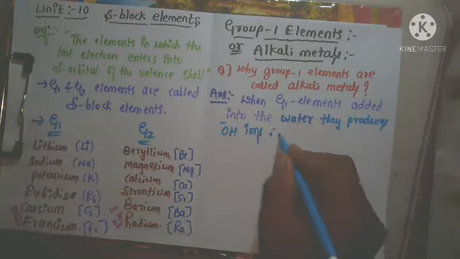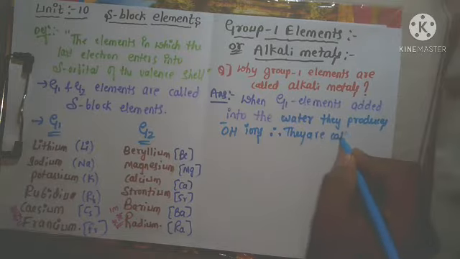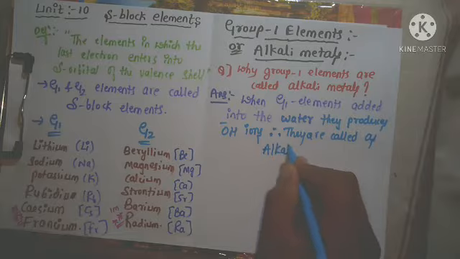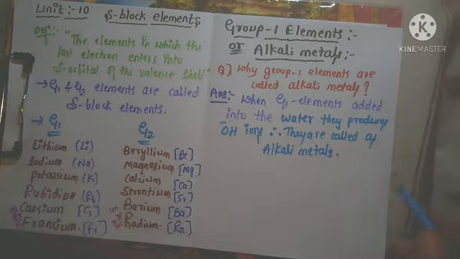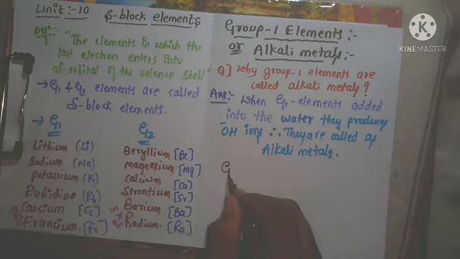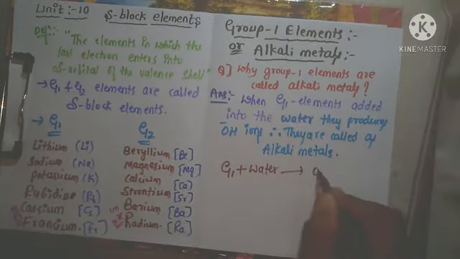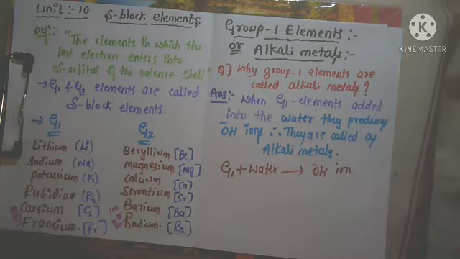Therefore they are called alkali metals. Alkali means basic. This is the reason why group 1 elements are called alkali metals. For more clarity I will write here: group 1 elements, when they are added into the water, produce OH minus ions. Therefore they are called alkali metals. Now we will see particular examples also.